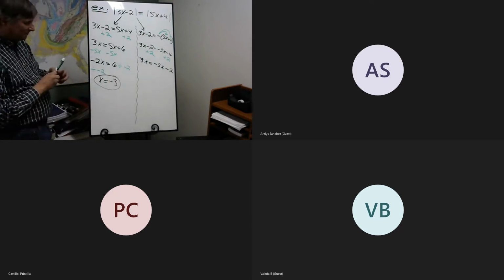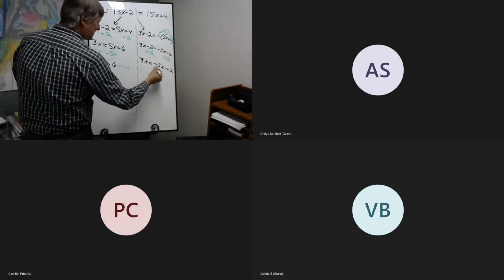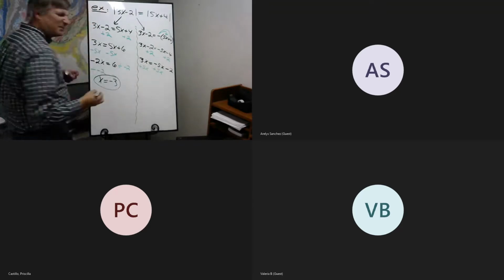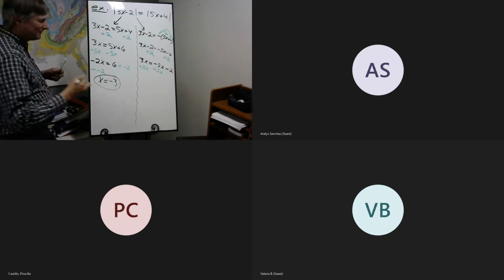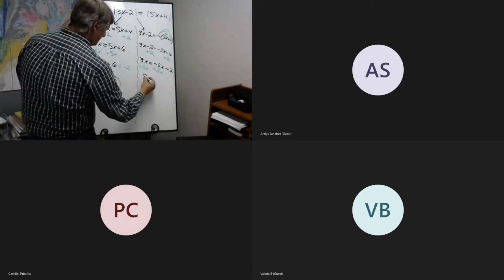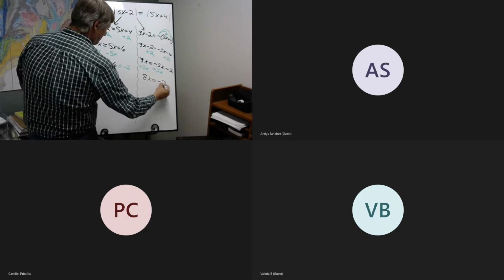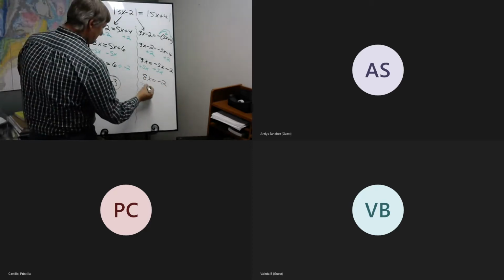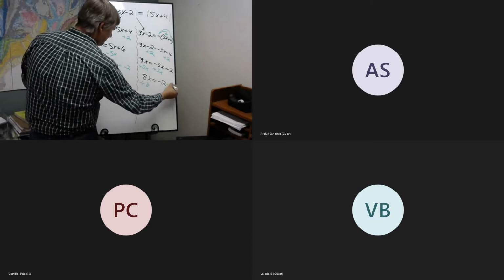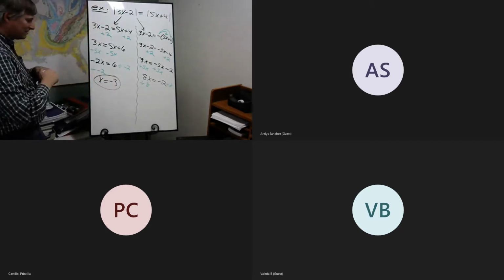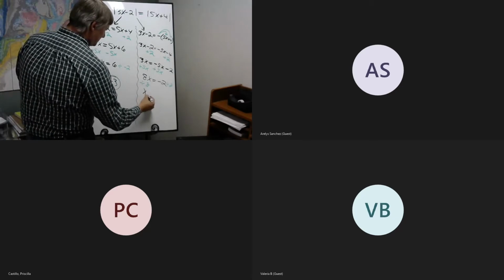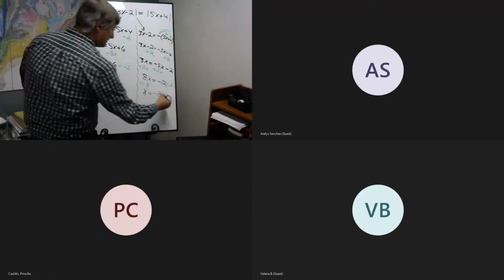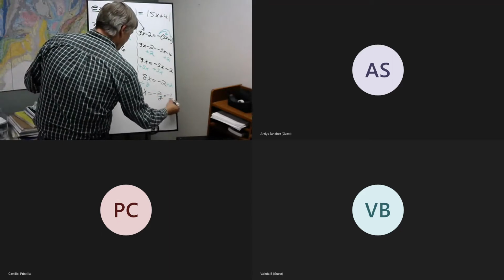x is -3. This side, we've got to add 5x to both sides. This side's a little bit behind in terms of where we're at with the other one. Divide by 8. x is negative 2/8, and that reduces to negative 1/4.